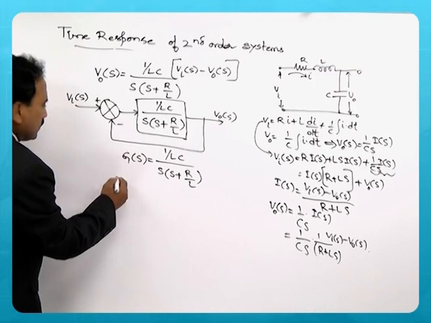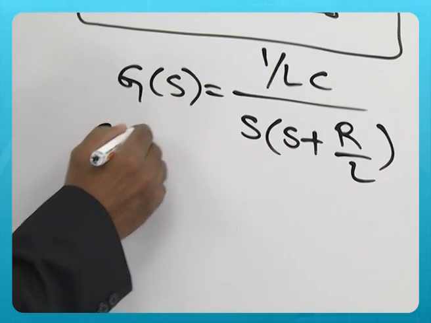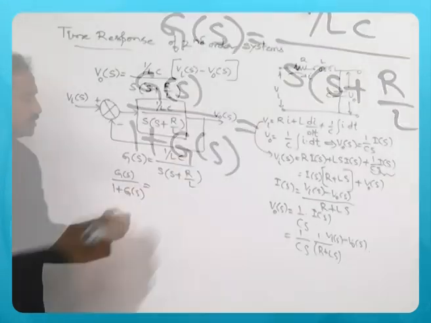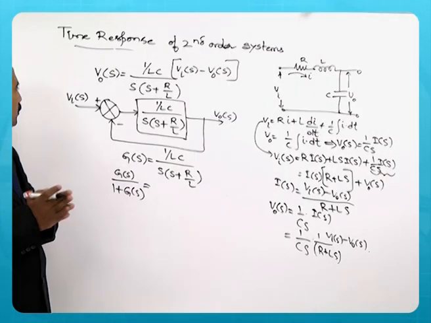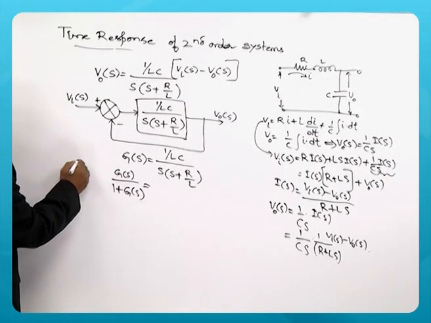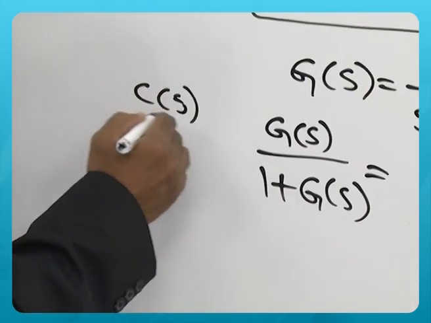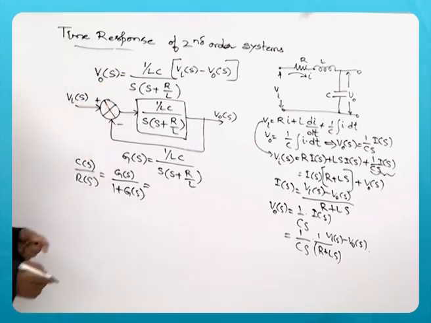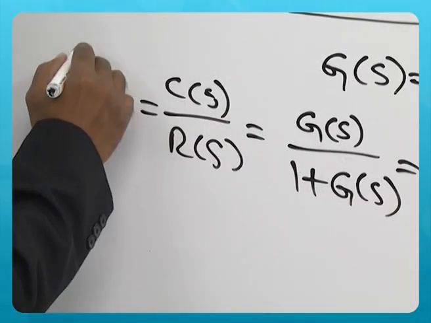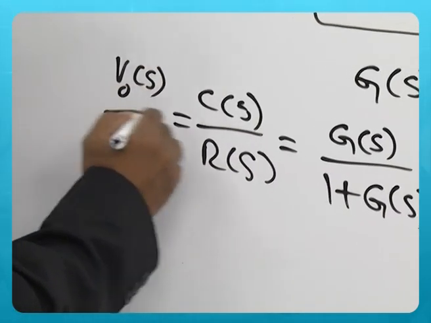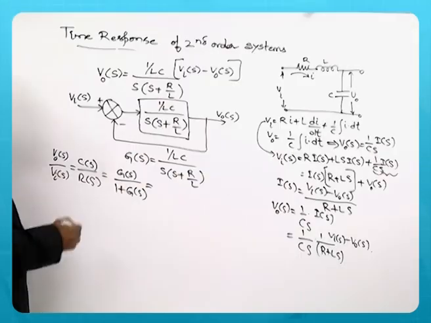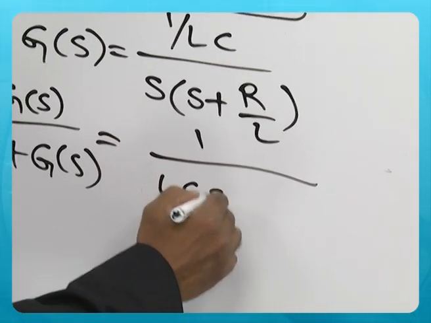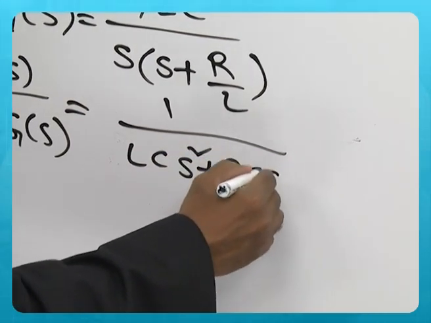And if you see this, if I am interested in getting G of S by 1 plus G of S, because it is the closed loop transfer function, in general it is called as C of S by R of S, but in this case in electrical system it is nothing but V0 of S by Vi of S leads to 1 by LCS square plus RCS plus 1.